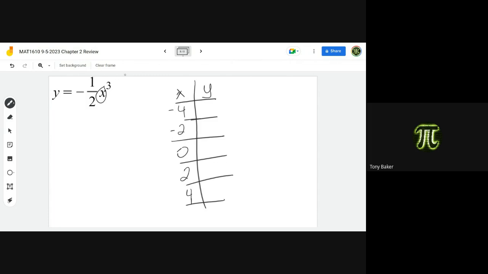0 to the third power is 0. 0 times -1/2 is 0. 2 to the third power is 8. 8 times -1/2 is -4. And actually, you know what? I don't think it's going to let me do 4.